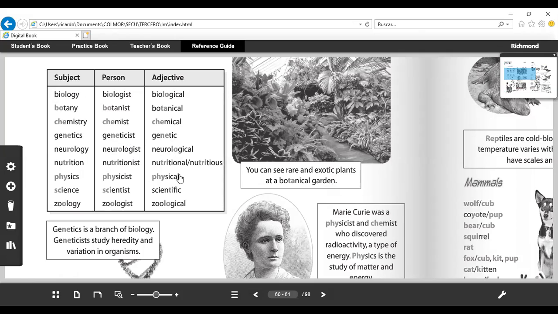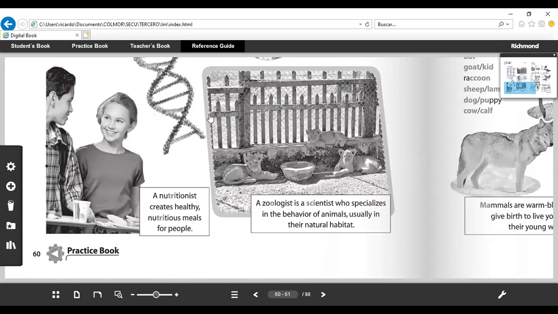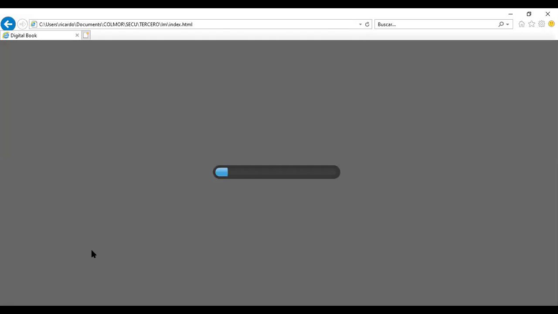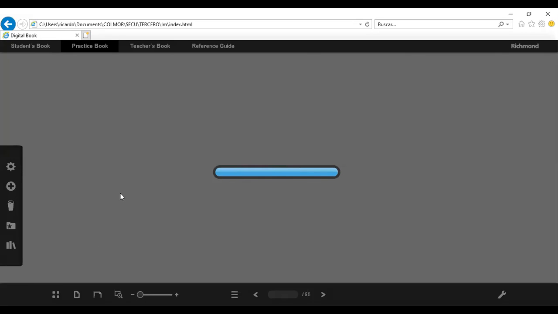Nutrition, nutritionist, nutritional, nutritious. Physics, physicist, physical. Science, scientist, scientific. Zoo, zoologist, zoological. Okay, now try to remember these words. And now we're going to go back to your practice book and continue answering the first activity of unit number 8.